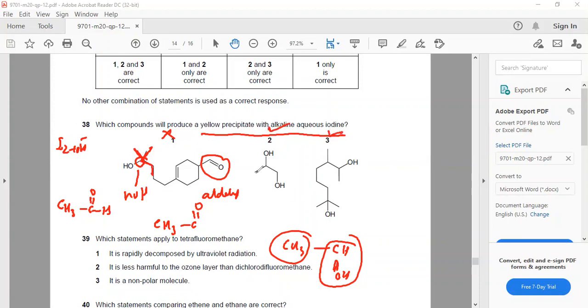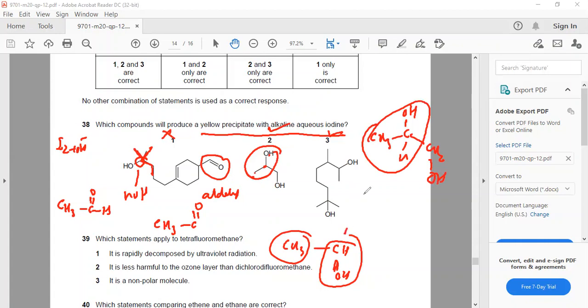But how? You see, this carbon having OH has H also, and a methyl group also. It's like this. 2. So this group is needed. As I mentioned, yes, it is there.